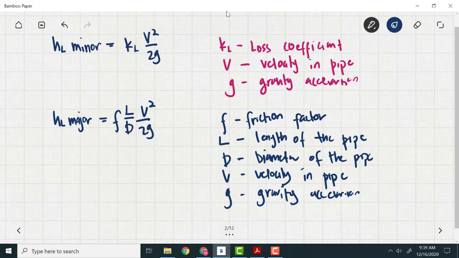Okay, so this is the equation for minor losses and major losses. Ni dah term-term dia semua.